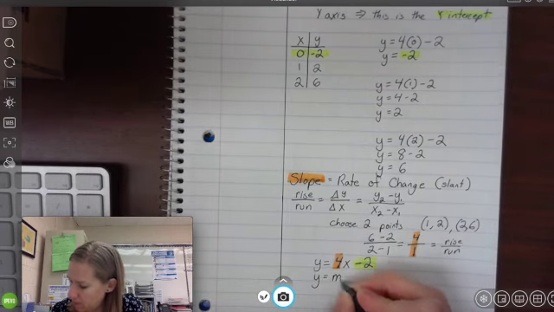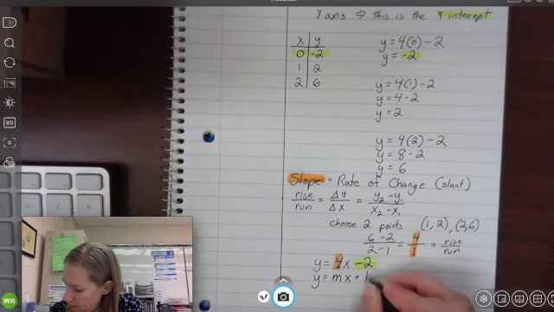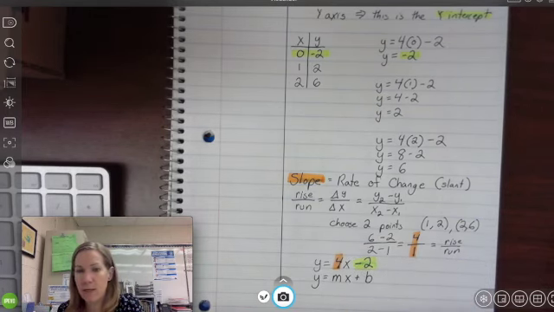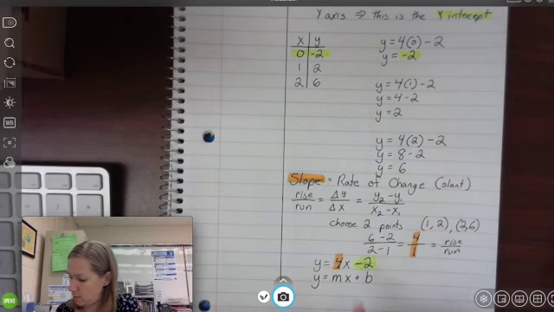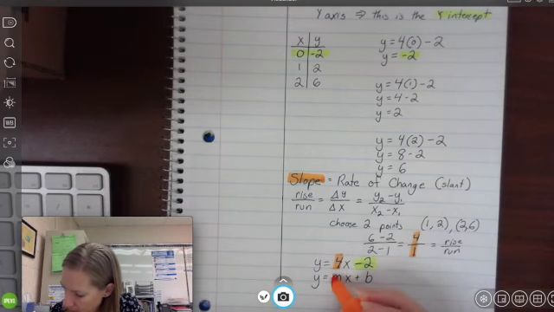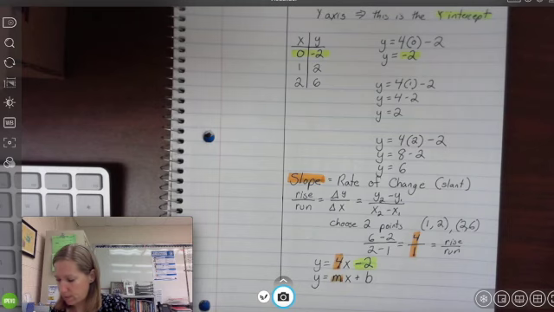y equals mx plus b, where m is the coefficient on x, and then b is the y-intercept. So if you notice, our m in this case is 4, so the slope is 4.